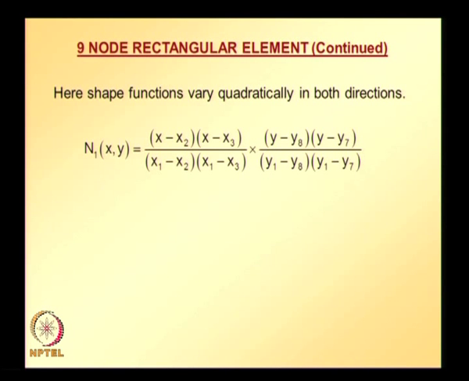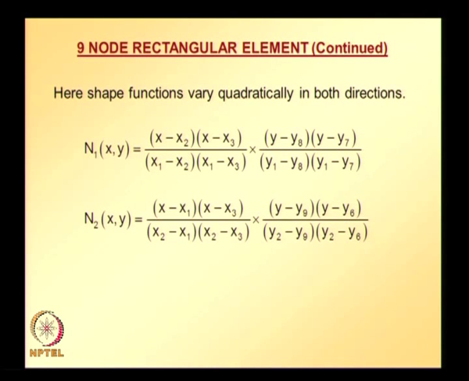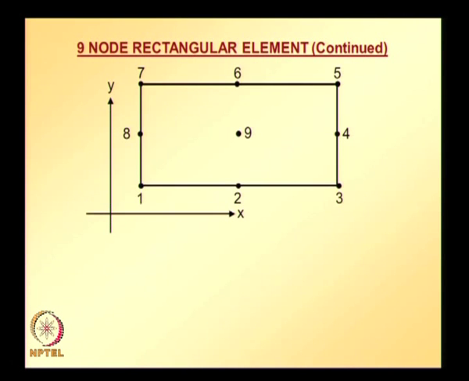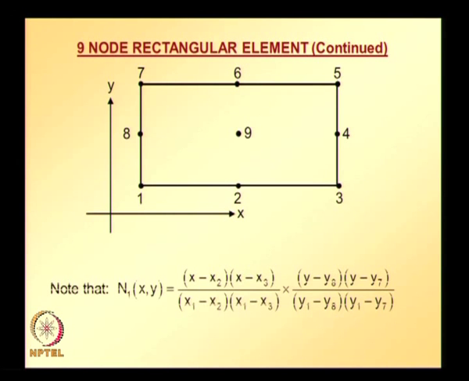N1 is the Lagrange interpolation in the x direction times the Lagrange interpolation in the y direction, similarly N2 and the rest. And the properties that we have seen for the 4 node quadrilateral element, the shape functions for this 9 node rectangular element also satisfy.